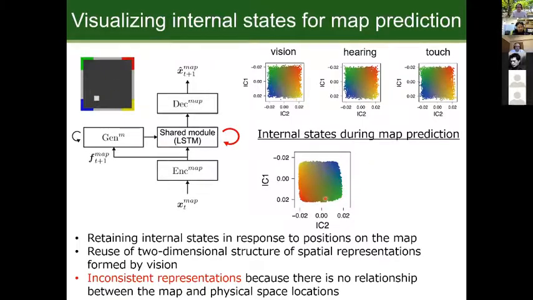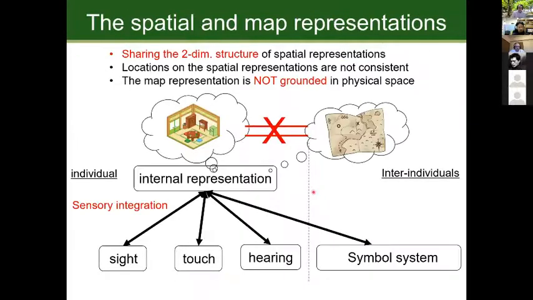At that time, we visualize the internal state again, and for the map prediction, the internal state is self-organized in two-dimensional space, but there is no consistency between the vision, the hearing, and the touching. So it's not a consistent spatial representation.